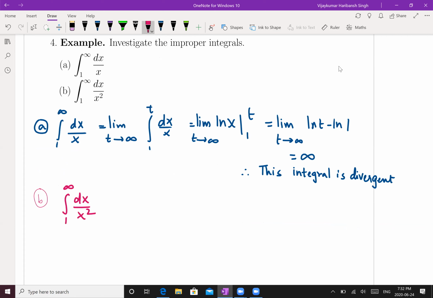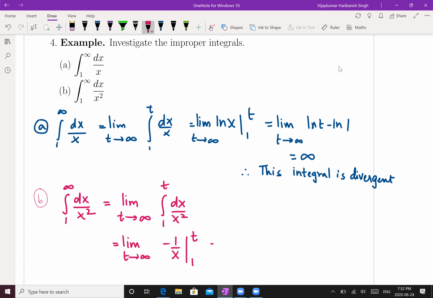Again, by definition, this is the same as the limit as t goes to infinity of the integral from 1 to t of dx by x square. The first thing is always to write down the definition here. That's how we can deal with infinity via limits. So this is going to be the limit as t goes to infinity. This integral is minus 1 over x, from 1 to t.